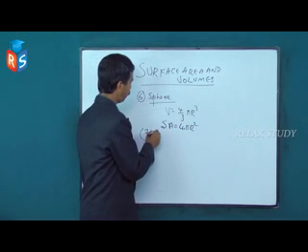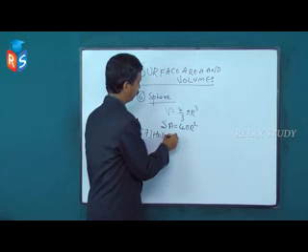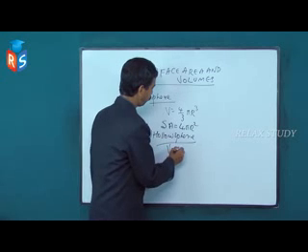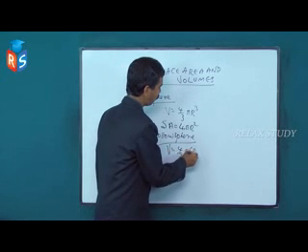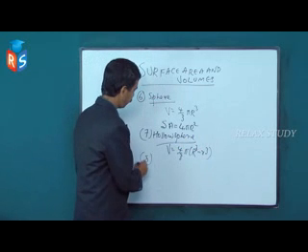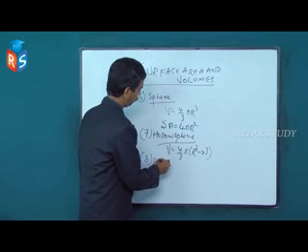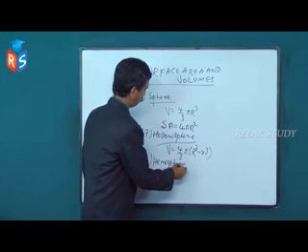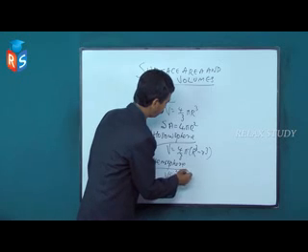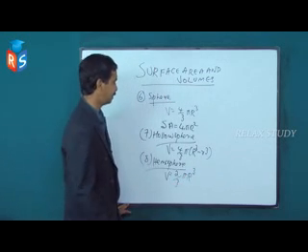Next one, hollow sphere. Volume is 4 by 3 pi into (R cube minus r cube). Then hemisphere. Its volume is 2 by 3 pi r cube, where r is the radius.